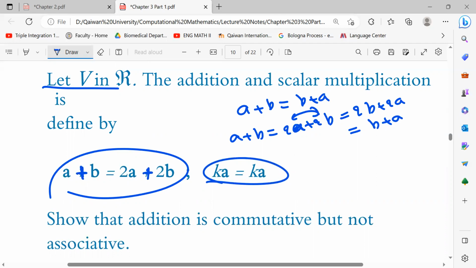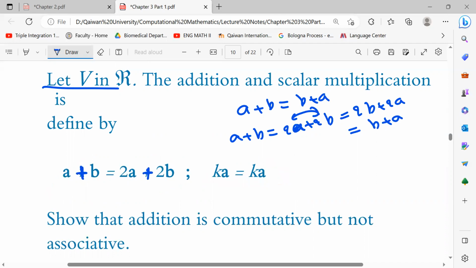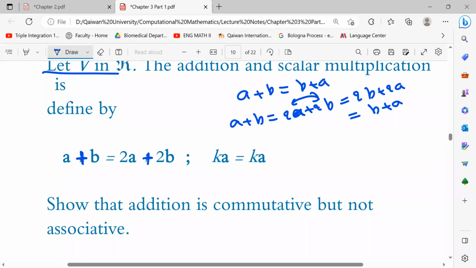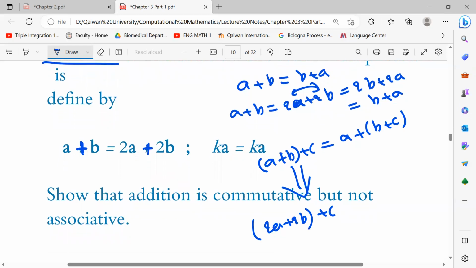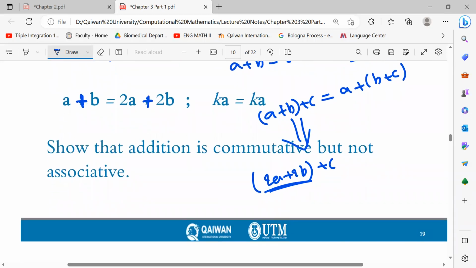For associative, if we have three, let's say a, b, and c, then (a plus b) plus c must equal a plus (b plus c). What's this? A plus b is 2a plus 2b, plus c. Let's say this is d, and that's c. What's the sum of those two?